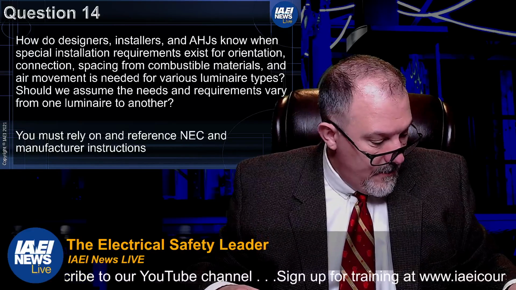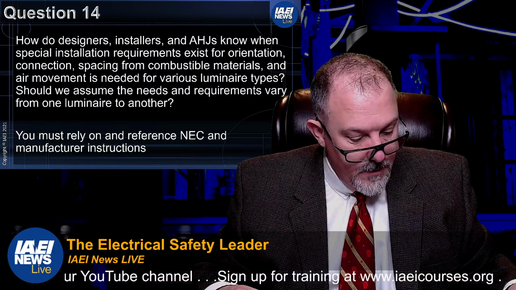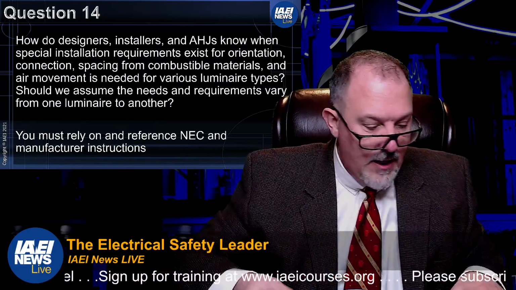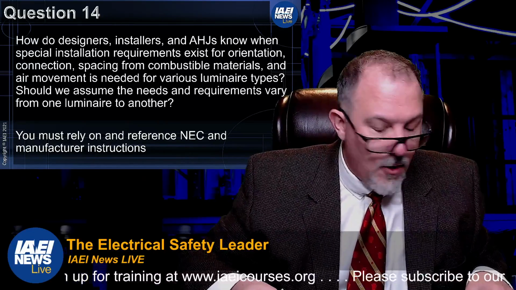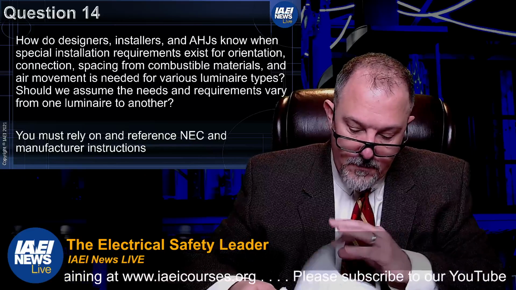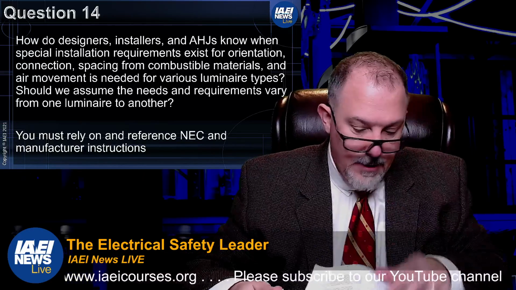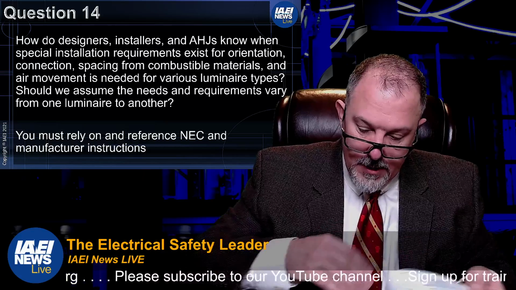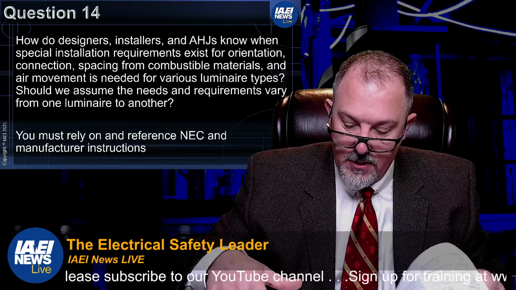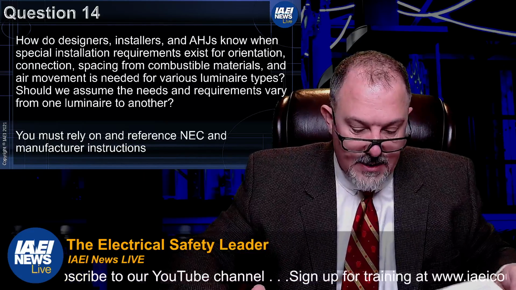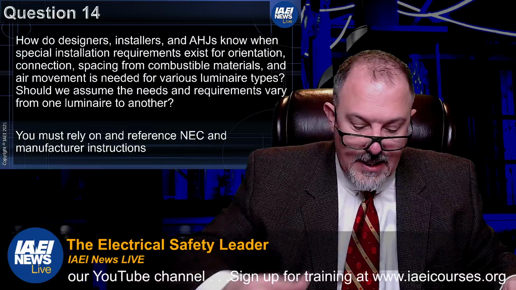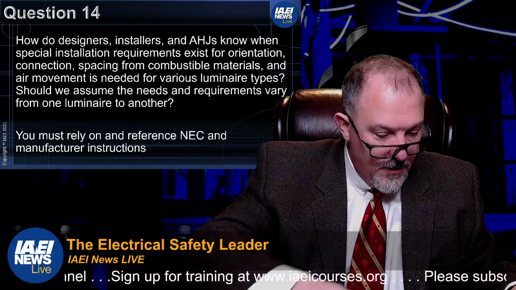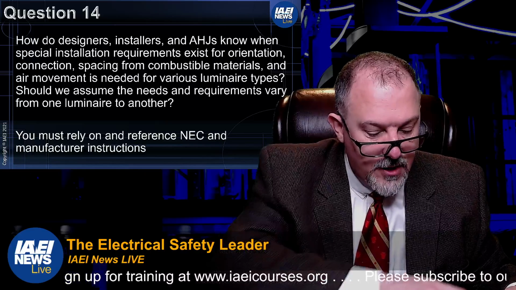So if you just look at the overview of Article 410, you'll notice that each of these parts covers types of luminaires. You have decorative lighting and similar accessories in Part 15. Part 14 is track lighting. Part 13 is special provisions for electric discharge.